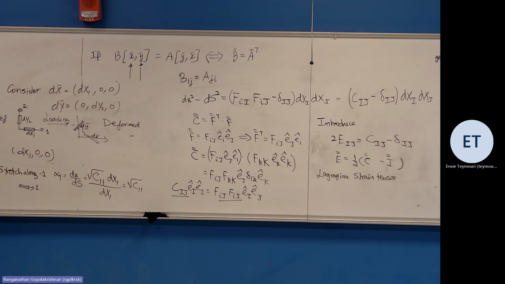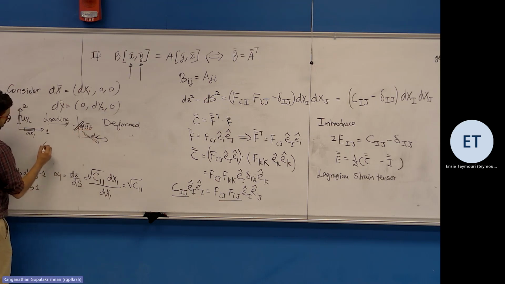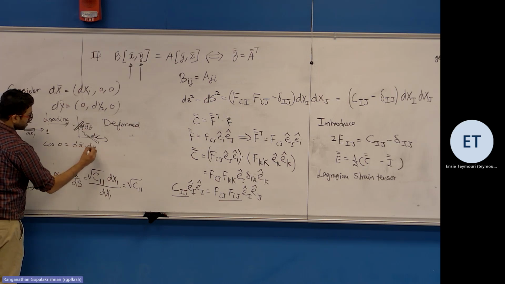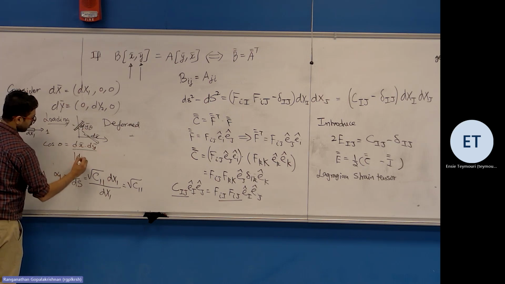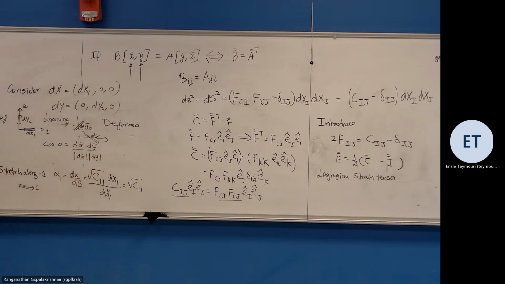To do that, how do you calculate the angle between two vectors? cos theta is equal to dx dot dy divided by their magnitudes. That's the basic idea.